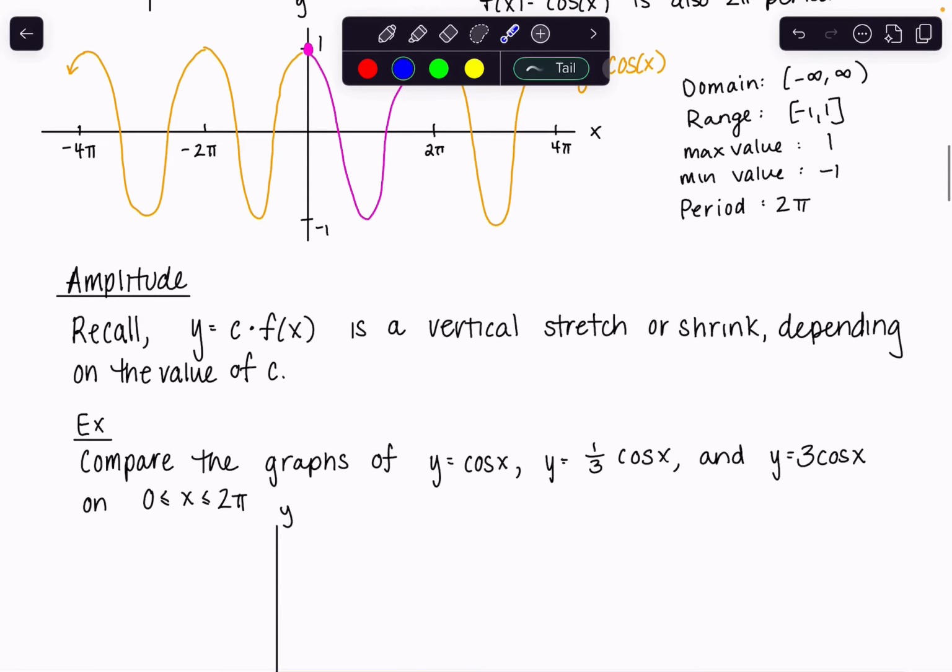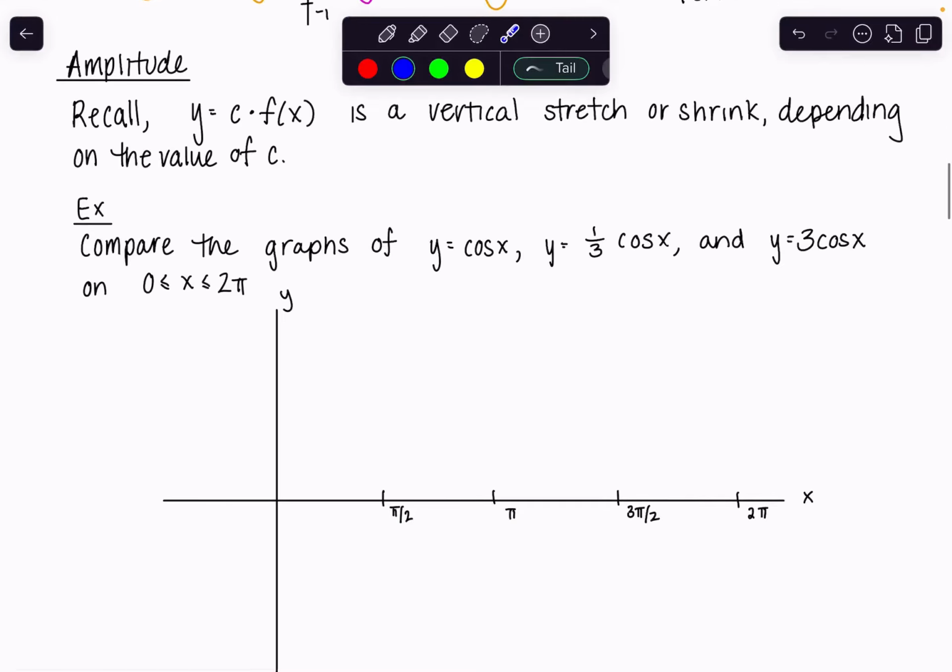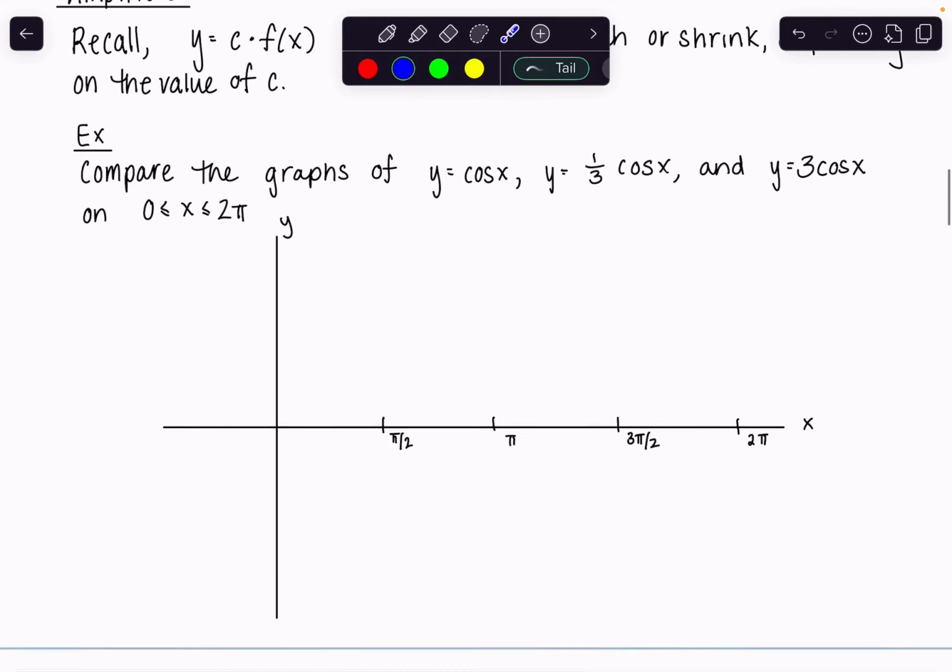So to think about that, we're going to compare the graphs of y equals cosine of x, y equals 1/3 cosine of x, and y equals 3 cosine of x on the interval from 0 to 2 pi. Okay. So if you think about what this 3 does, it takes the cosine function and it takes the output and triples it.